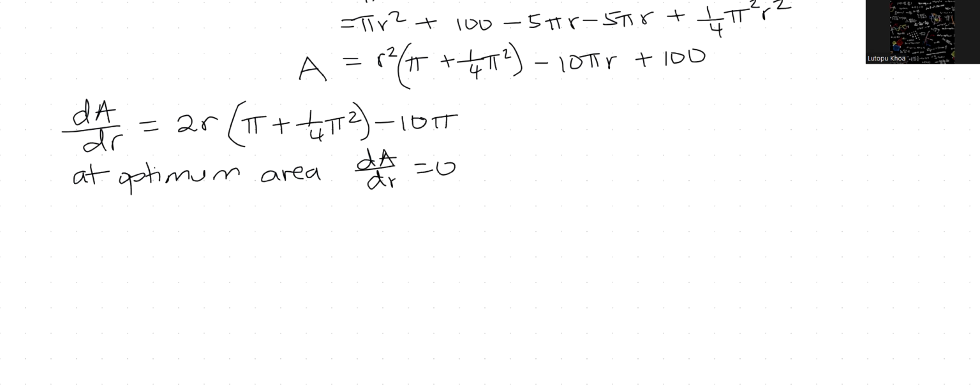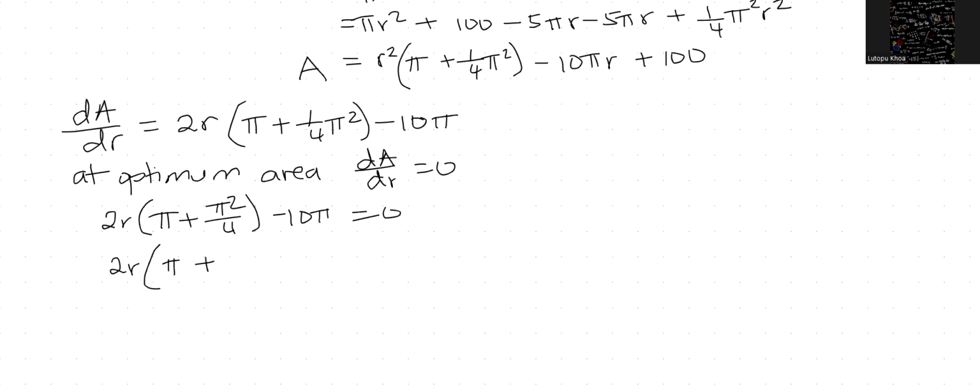So we say 2r times pi plus pi squared over 4, minus 10 pi, is 0. So this means that 2r times pi plus pi squared over 4 is equal to 10 pi. So r is equal to 10 pi over 2 times pi plus pi squared over 4.